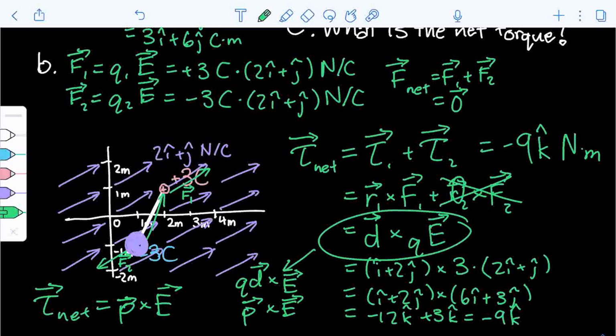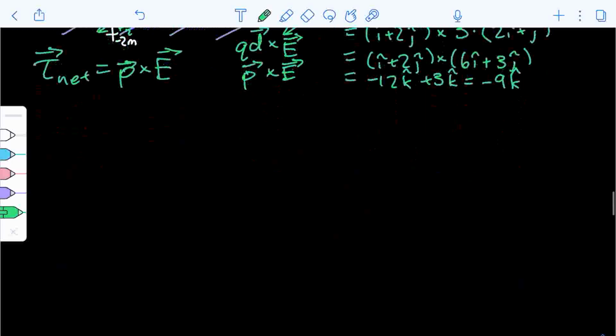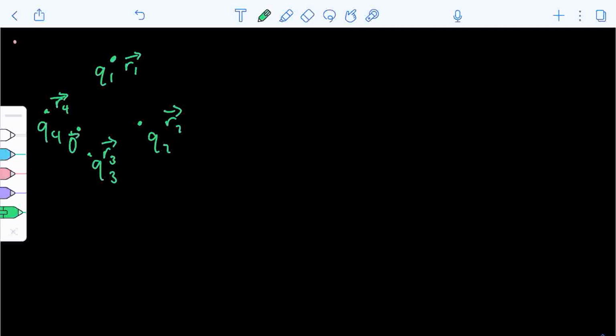But we can actually generalize the electric dipole moment to work for any situation with net zero charge. So let's do that. If you have some random situation with a bunch of charges, Q1, Q2, Q3, Q4, let's say, then let's also establish that they have positions R1, R2, R3, R4, and put the origin here or something.